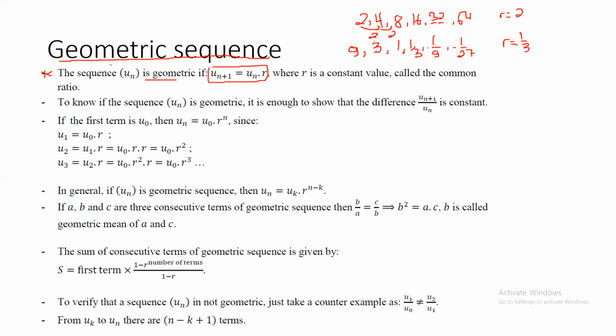Like 4 is equal to 2 times 2, 8 equals the preceding multiplied by 2, 16 equals the preceding multiplied by 2. This is called a geometric sequence.